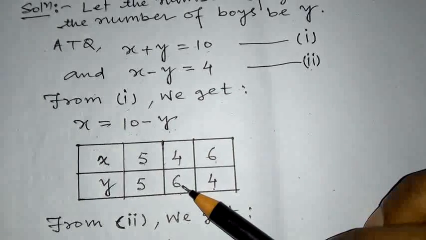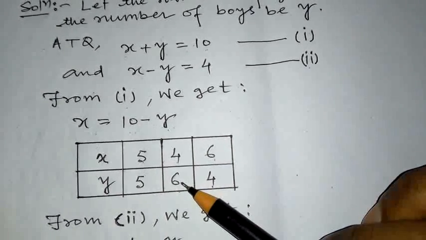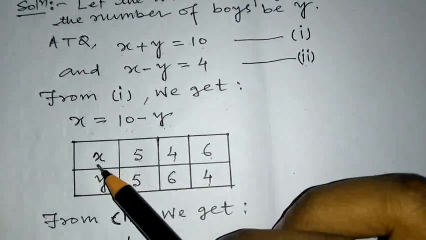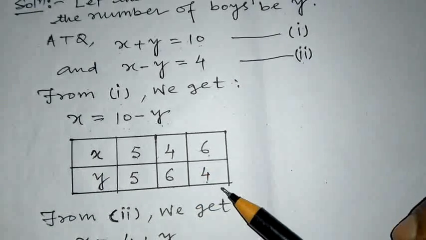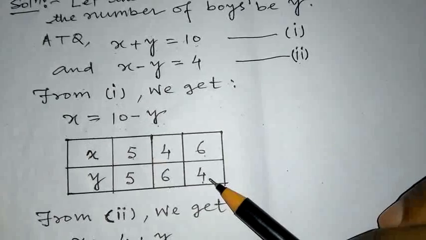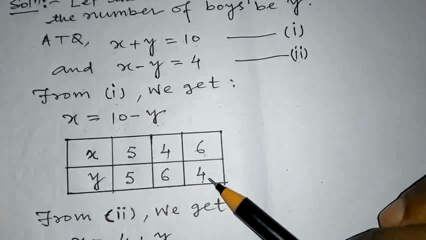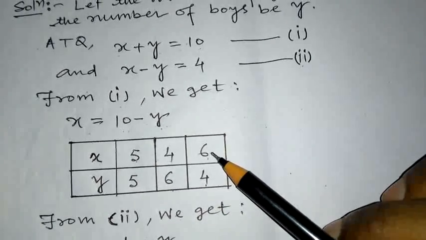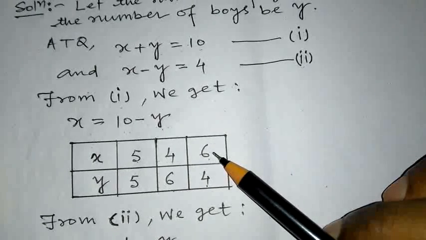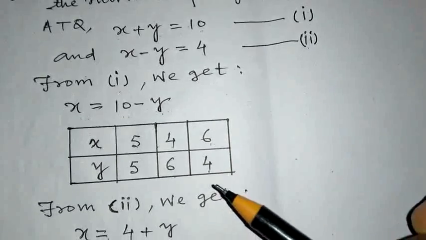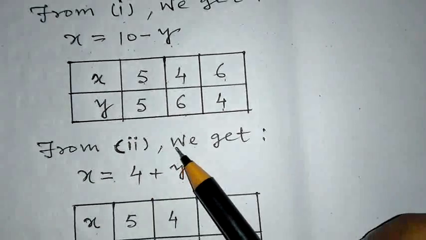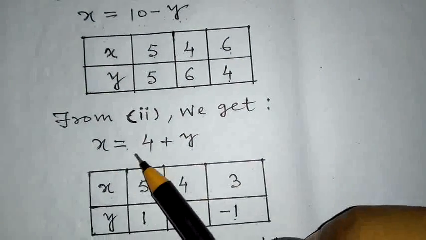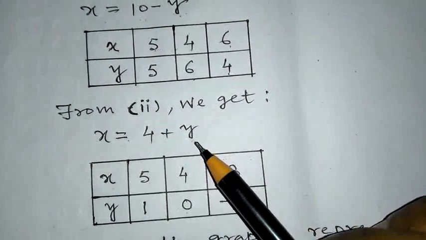If you take y equal to 6, then x equal to 4. If you take y equal to 4, then x equal to 6.